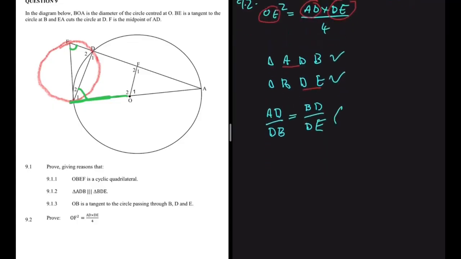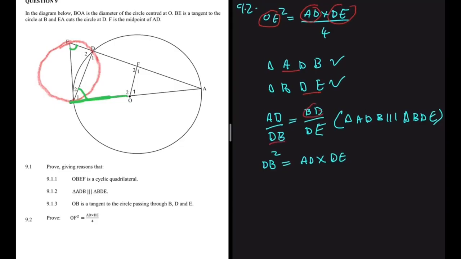And then we must state here that we're saying that because we know fully well that triangle ADB is similar to triangle BDE, right? So now we can cross multiply, and then we get DB squared is equal to AD multiplied by DE, because look here, DB is just BD, right? So we can just say DB squared is equal to AD multiplied by DE.